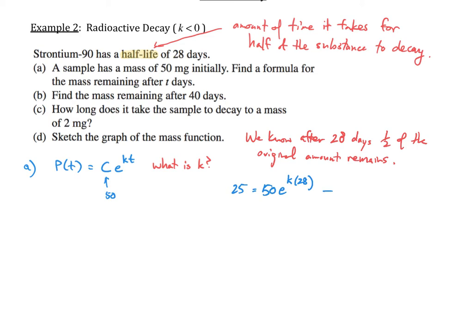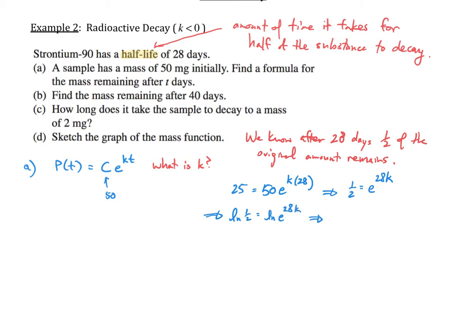So if I divide both sides by 50, I'm going to get 1/2 is equal to e to the 28k. And then I can take natural log of both sides. So this tells me that natural log of 1/2 is going to be equal to natural log of e to the 28k.